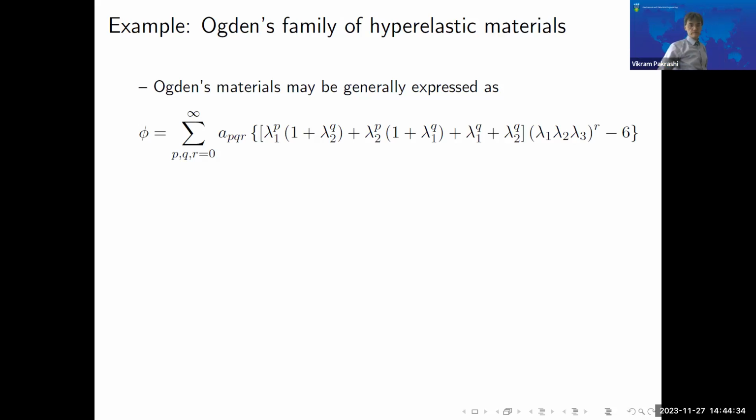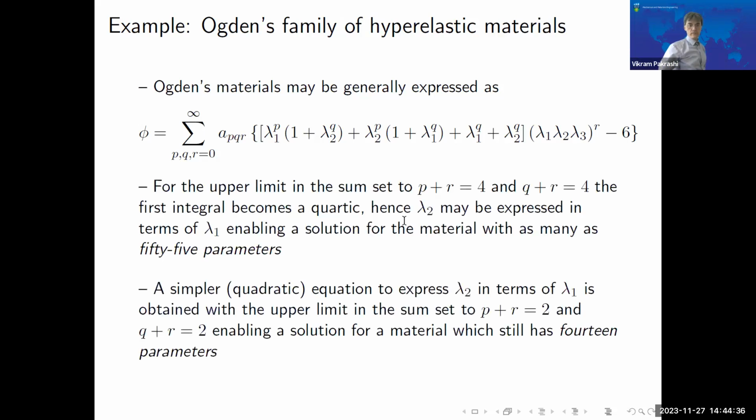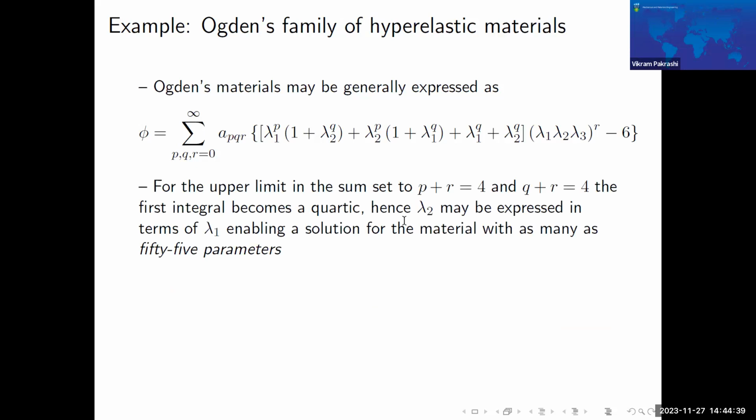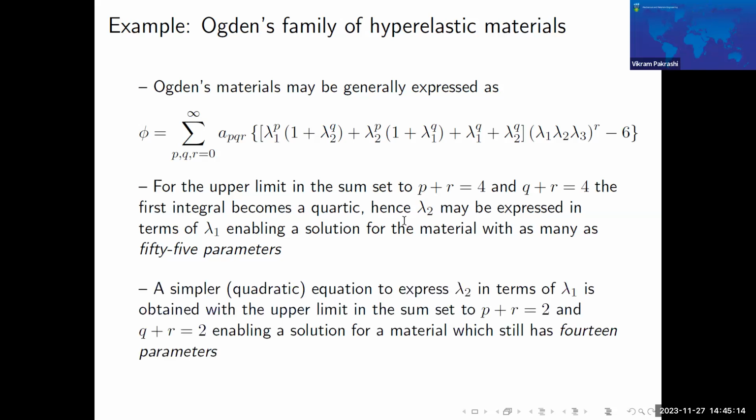Now, in our case, we set this upper limit either 2p plus r equals 4 or q plus r equals 4. That will be derived from here. Remember, phi minus lambda 2 derivative of phi with respect to lambda 2 becomes a 4th order polynomial, which means that lambda 2 may be expressed in terms of lambda 1, which in turn means that R dash may be expressed in terms of R. That's much simpler.